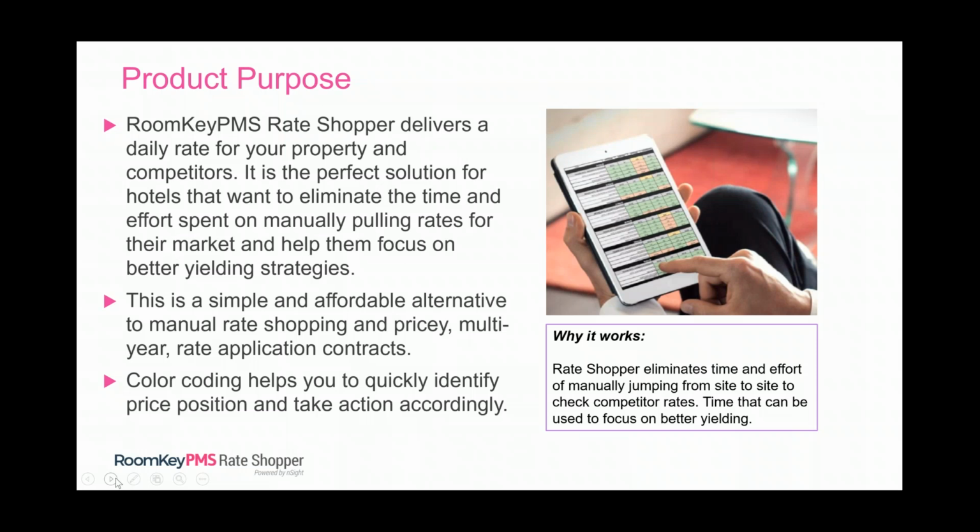So the reporting that we're going to give you is an alternative also to the multi-year pricey contracts that you have with some of our competitor rate shopping businesses. So within each report, we're able to eliminate that time by color coding rates so that you can easily see when your rate is above, below, or average within your comp set.